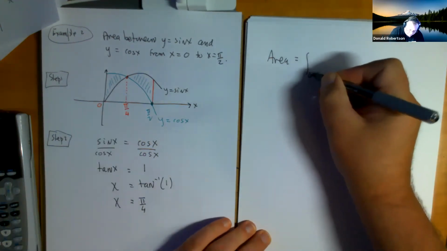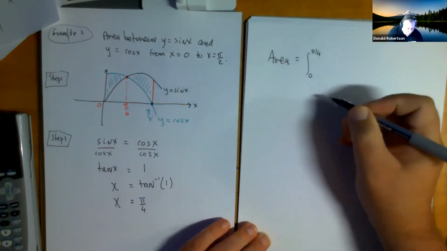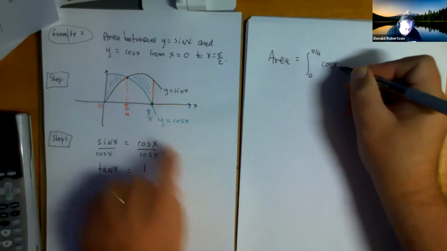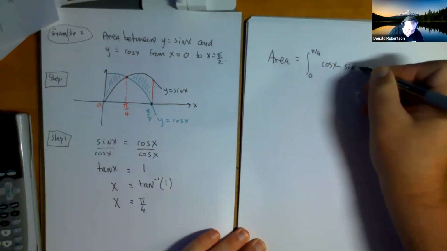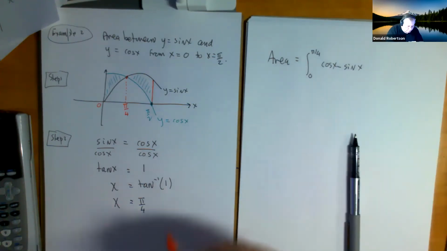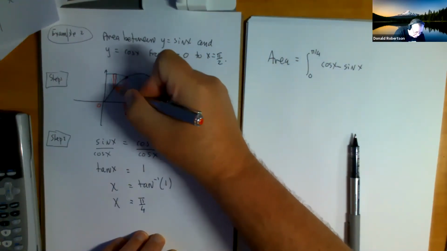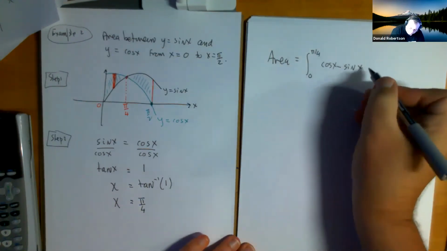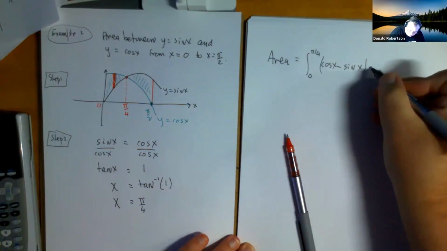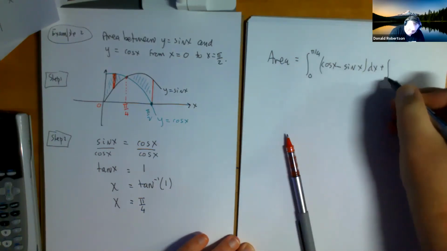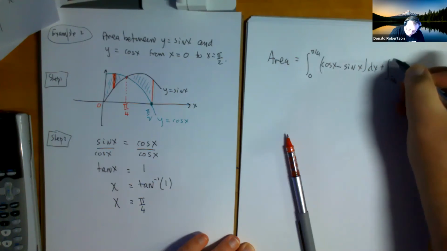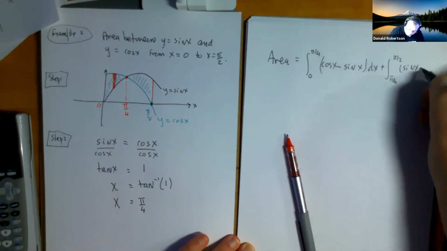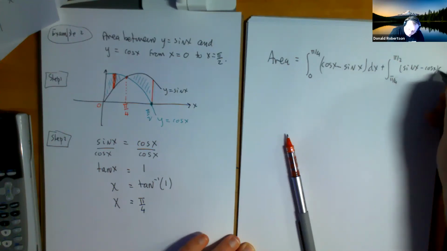Isn't it the area from 0 to pi upon 4, which is this piece here, and that's going to be green guy on top, take away the black guy on bottom, plus the integral from pi upon 4 to pi upon 2. But now it's going to be sine x, take away cosine x.